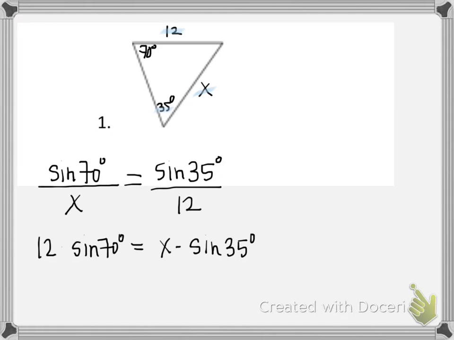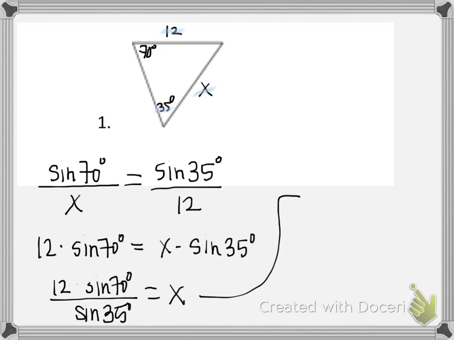Divide both sides by sine of 35. So your final answer is 12 times sine of 70 all over sine of 35. Once you put this in the calculator, x is going to be 19.66, so it's going to be 19.7.